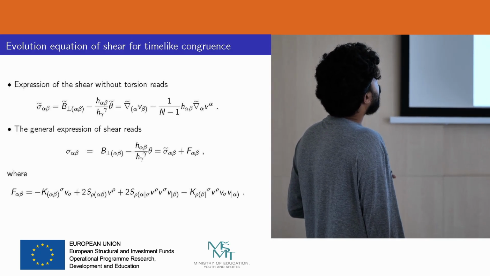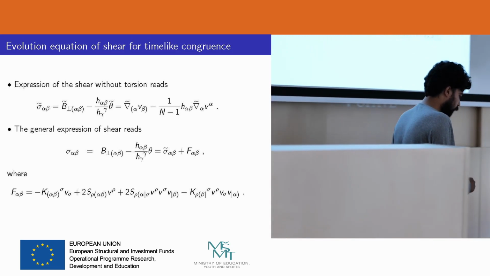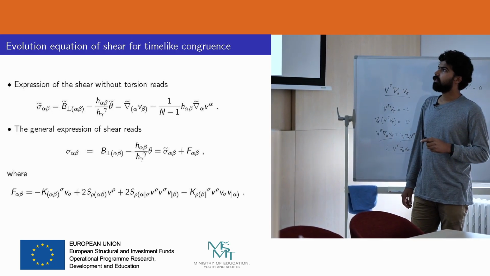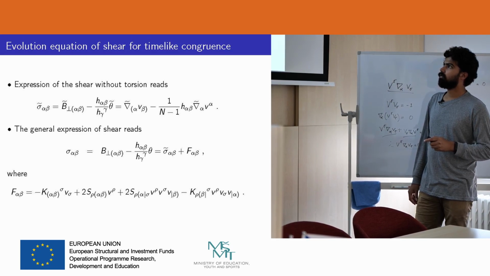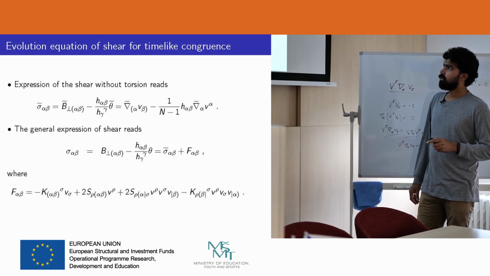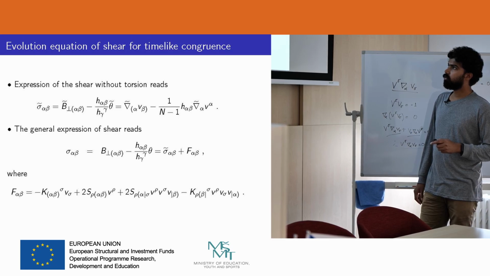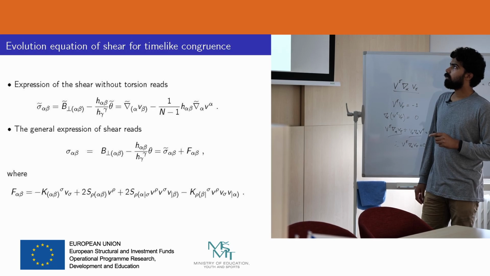Now the equation we are going to calculate is the equation governing shear. Shear can be defined as the traced-out symmetric part of B perpendicular alpha beta. This is sigma tilde alpha beta, that is with respect to the Levi-Civita connection, and here we have the expression.